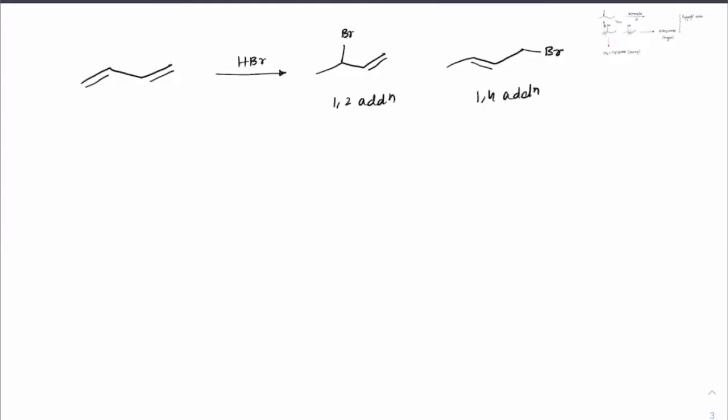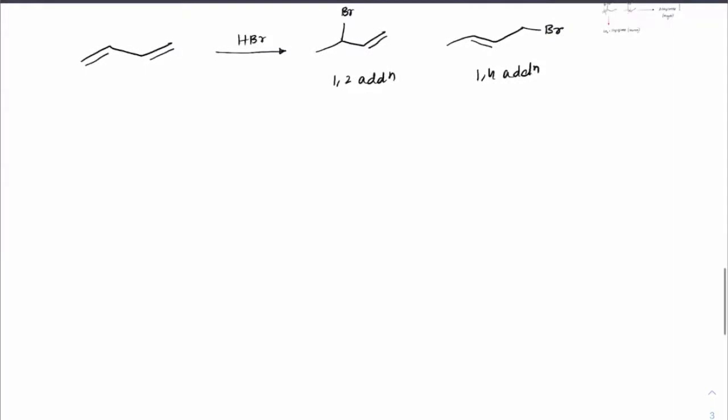See, first, on addition of HBr to this double bond, we can get this product which is 1,2, or we can get a double bond here and Br which is 1,4. So this is 1,2 addition and this is 1,4 addition. Let us see the mechanism.